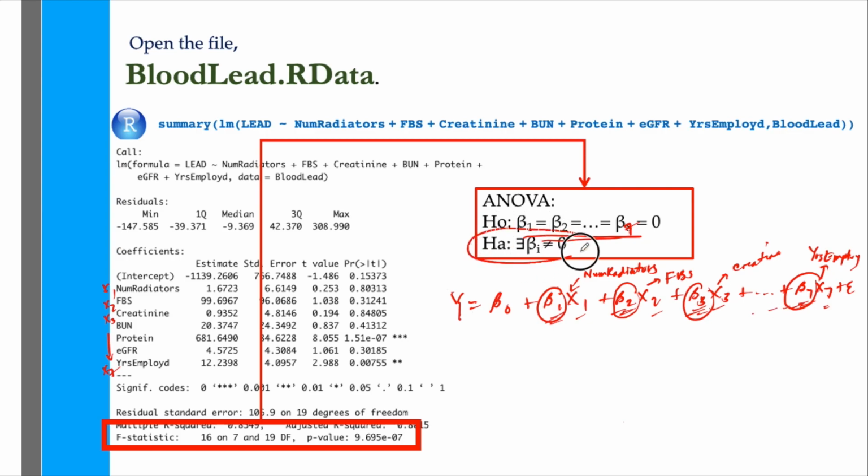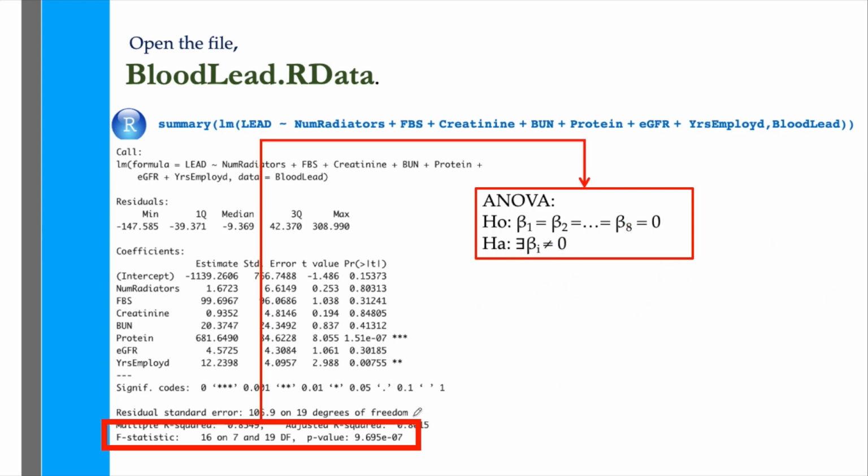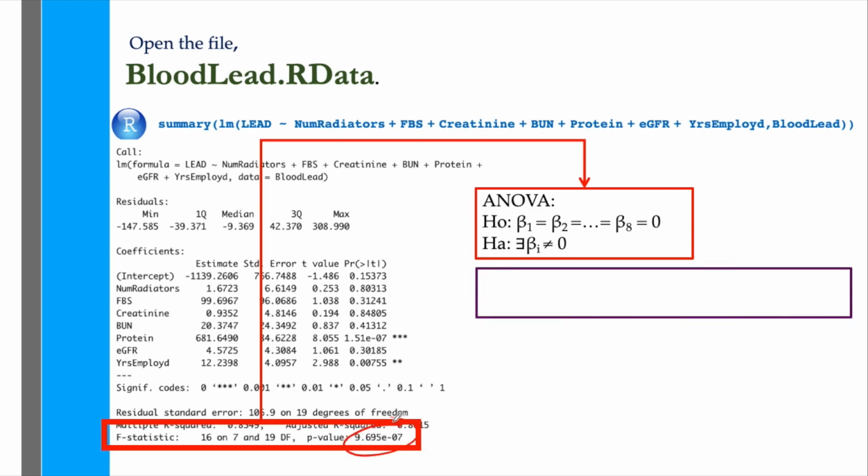Alternatively, your HA is that there exists some coefficient which is not 0. Now, since the p-value here is less than 0.05, we're going to reject the null hypothesis and claim that there's sufficient evidence that at least one coefficient is not 0, which is a good result.